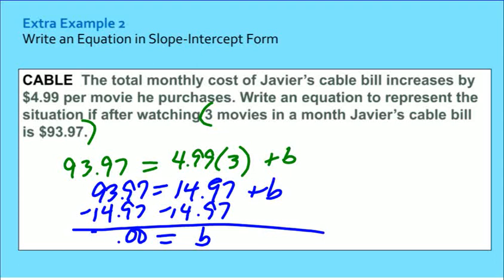This will give us $79. Just double checking that: 93.97 minus 14.97 gives us $79. So b would be 79. So our equation would be y equals 4.99x plus 79.